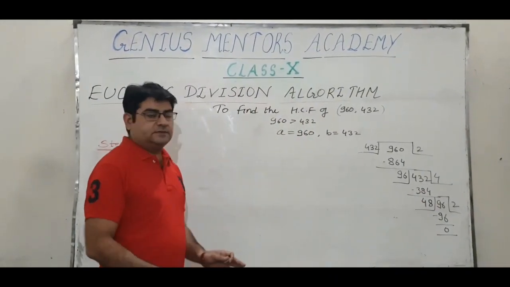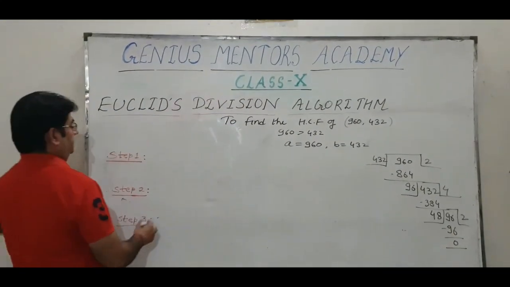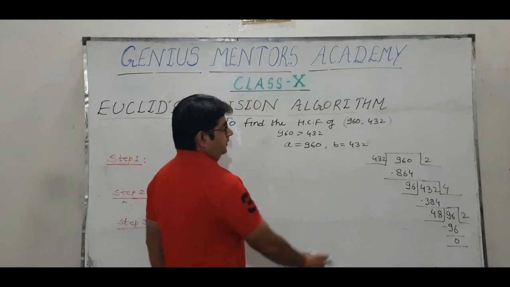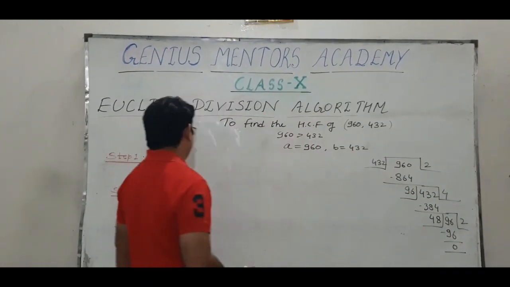Now let's do this by Euclid's division algorithm. Step 1, here a is 960, divisor b is 432.